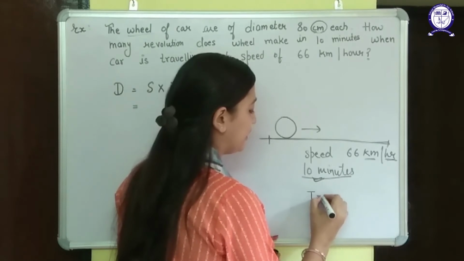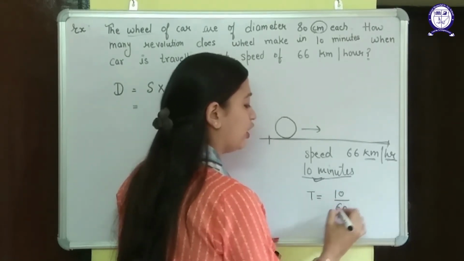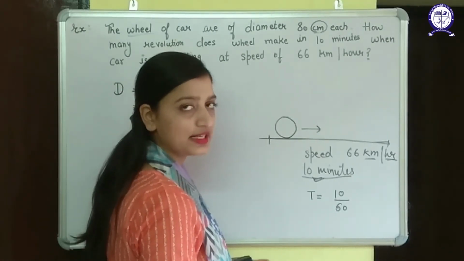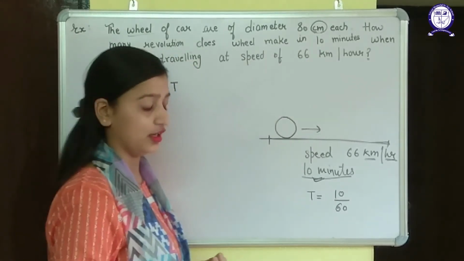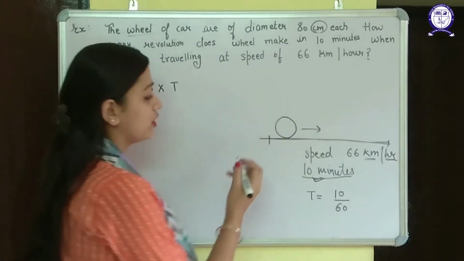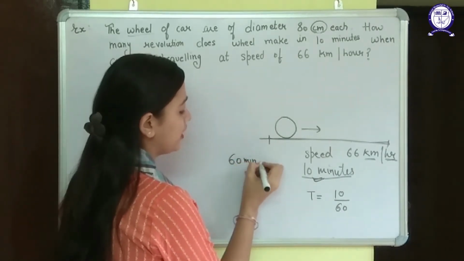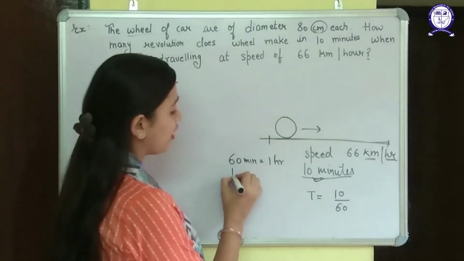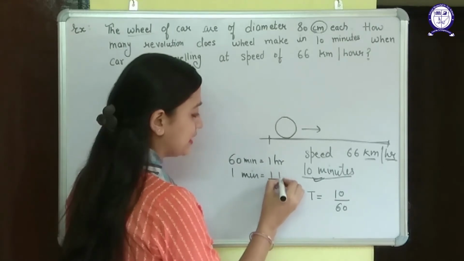So first of all, I am changing the minutes into hours. So time will be 10 divided by 60. To change the minutes into the hour, we divide by 60. How do we know that? We can find it by the unitary method. 60 minutes equals 1 hour, we know that. So 1 minute will be 1 upon 60 hour.